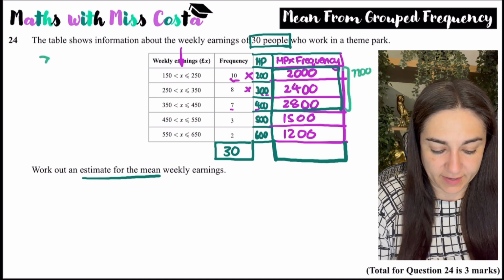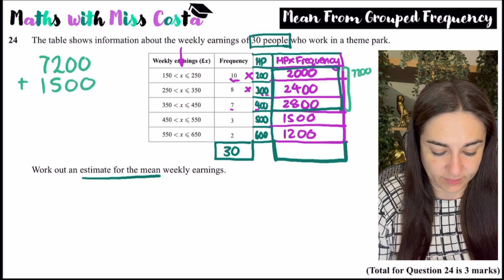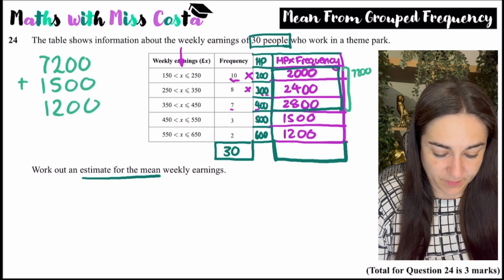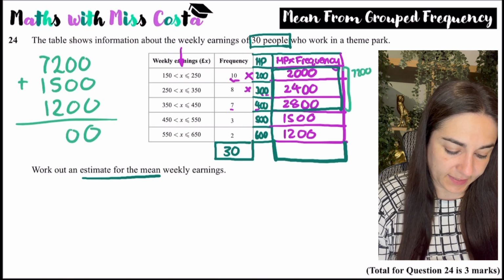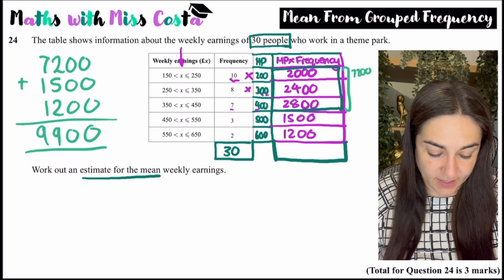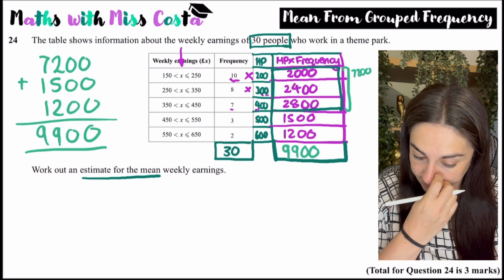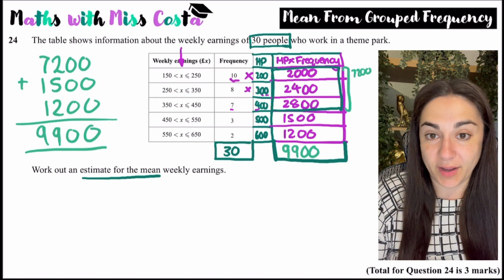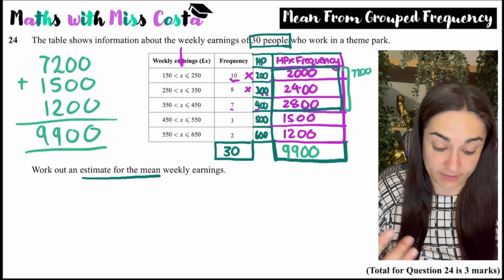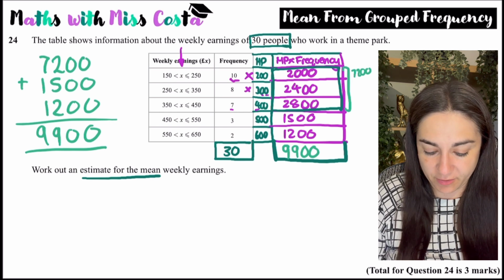So I can do 7,200 plus 1,500 plus 1,200. And that would give me 5, 6, 7, 8, 9, 7, 8, 9. So that would give me a total of 9,900. So that means in total, everybody in the theme park earns, as an estimate, £9,900, and there are 30 people.